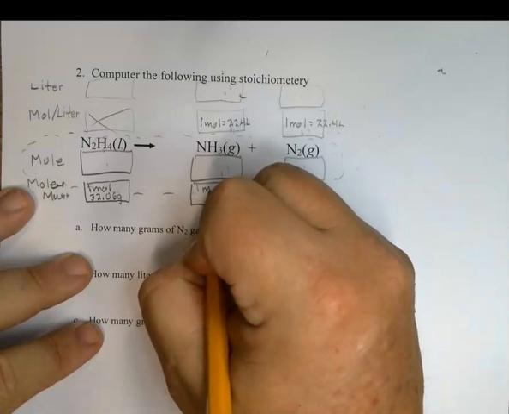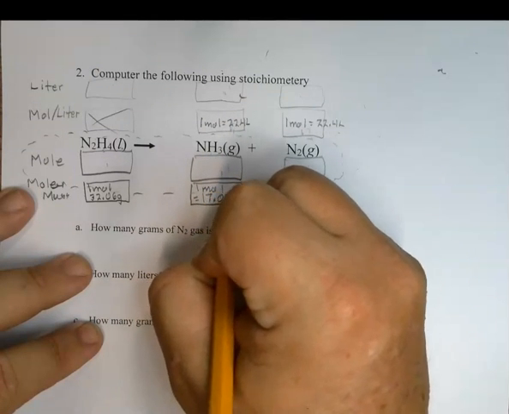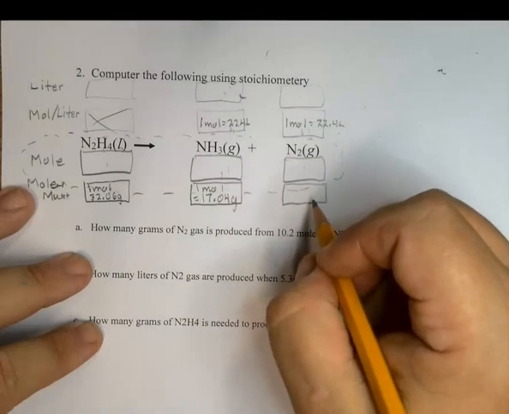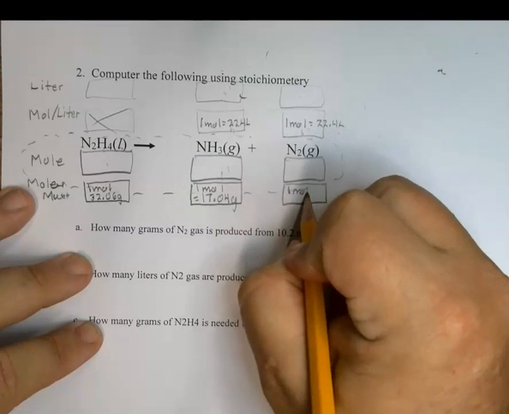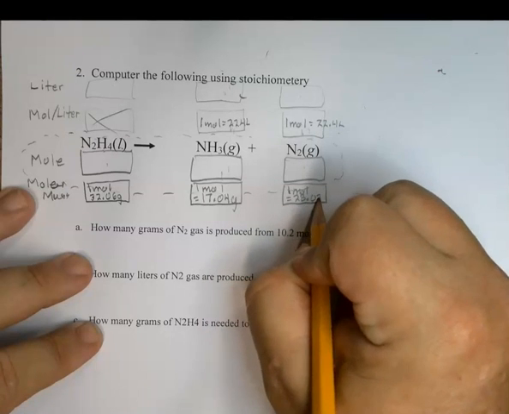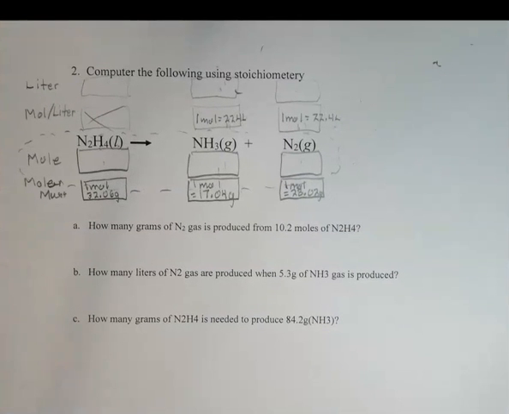So 1 mole of ammonia equals 17.04 grams. Okay, and N2 is going to be 2 times 14.02, and so that's going to be 1 mole equals 28.02 grams. All right? Okay.